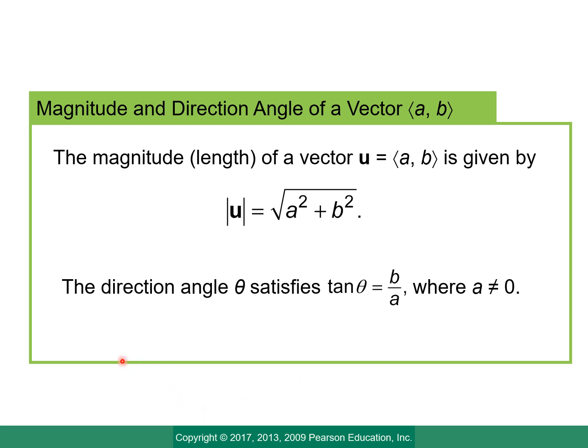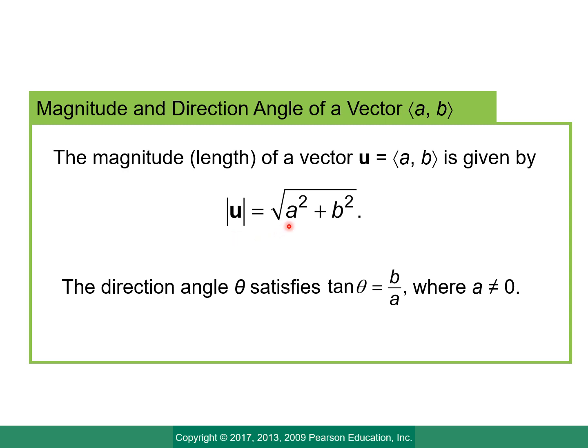So, the magnitude and direction angle of a vector a comma b. We talked about magnitude and length in the last video, but now here's a formula for you to compute it. If you know the terminal point of your vector, you know your vector is a comma b in angled brackets, that means it ends at the point a comma b. Then this is how you find the length or magnitude.